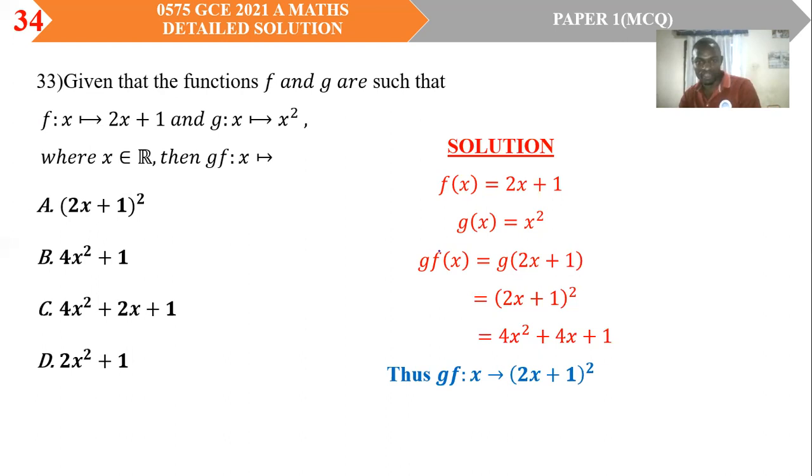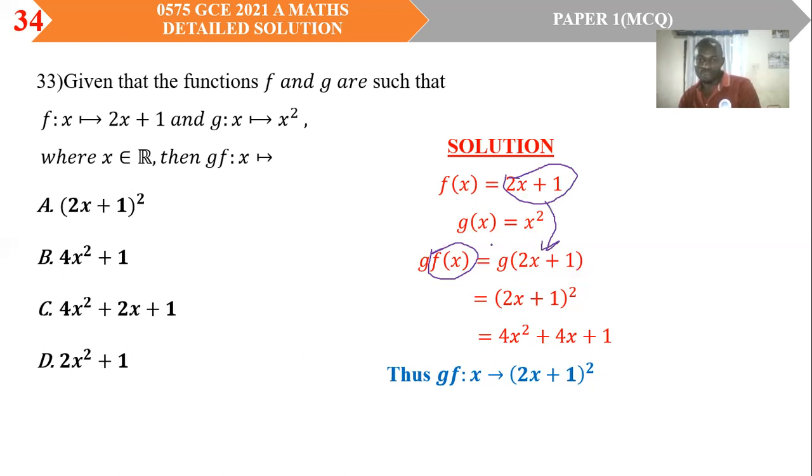Now, gf of x means that we should go to g and we replace f of x by 2x plus 1. That is what we have as indicated by the arrows.